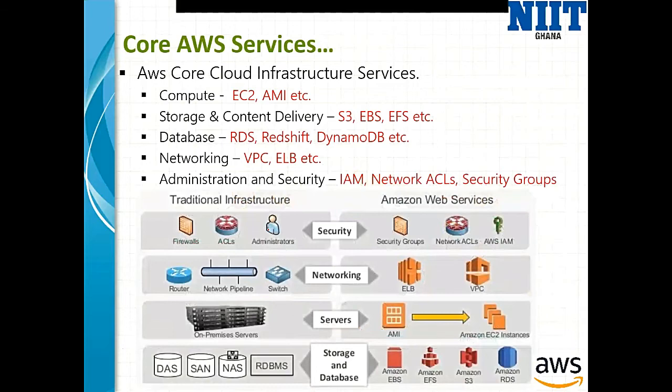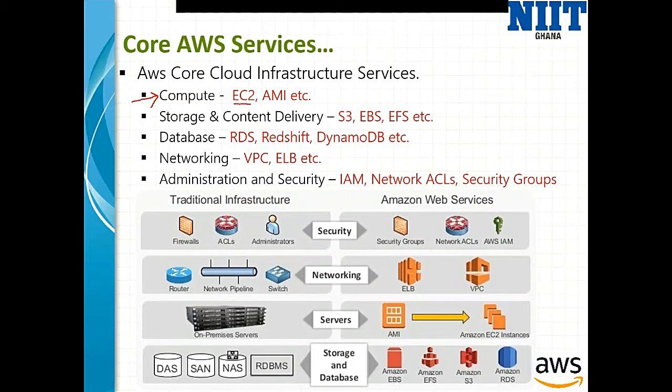These are the core services that AWS provides. If you think about core services, you basically think about these: compute, storage, database, networking, and administration and security. Compute is the base service that you think about. It's like your VM or your computer, in which you provide a certain amount of RAM and a certain number of CPUs, and your system runs fine.